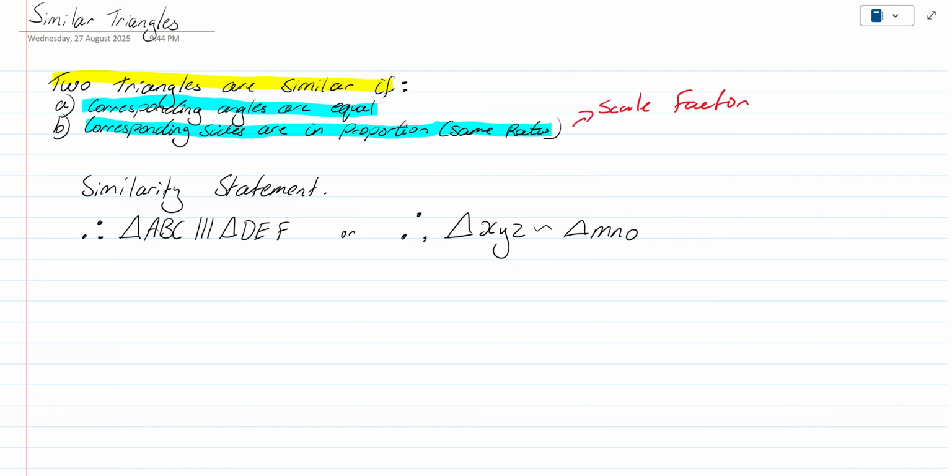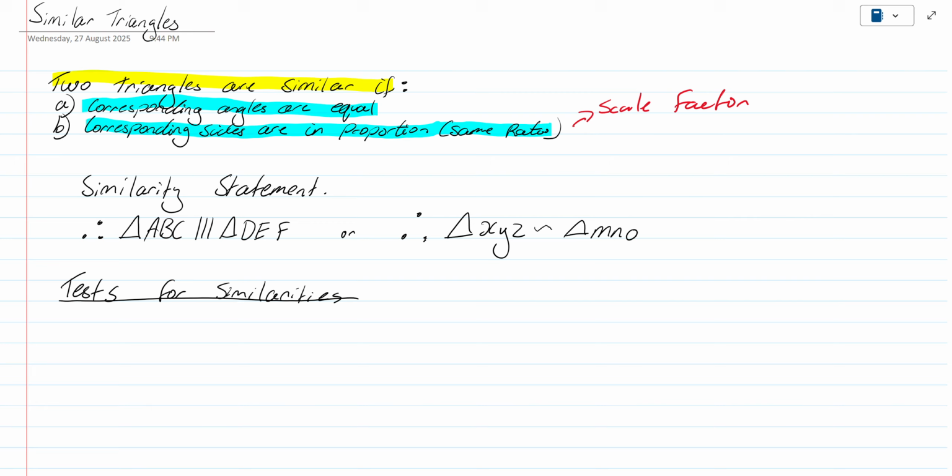So the test for similar triangles, now not to be confused with congruence. The test for similarity is different from the test for congruence. There is an additional test that applies only to similarities, and there is a test for congruence that doesn't apply for similarities.